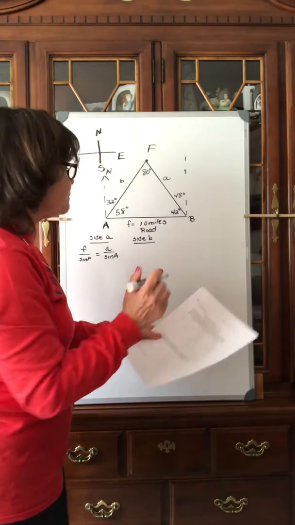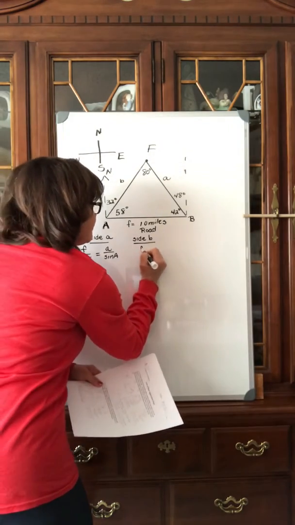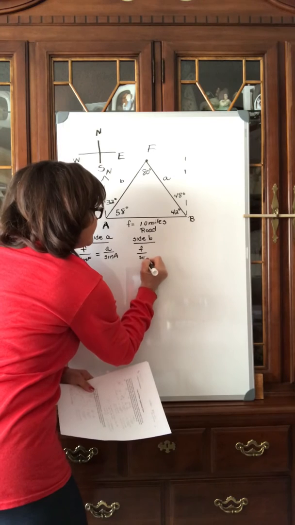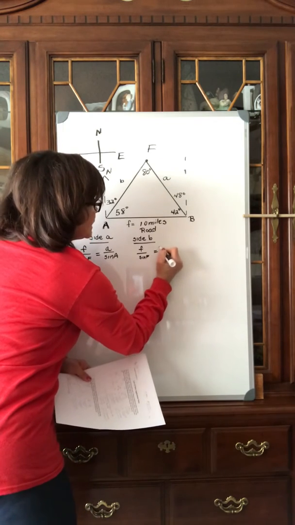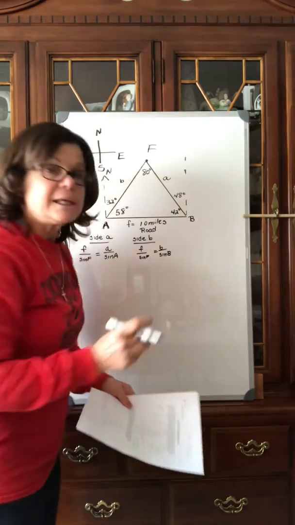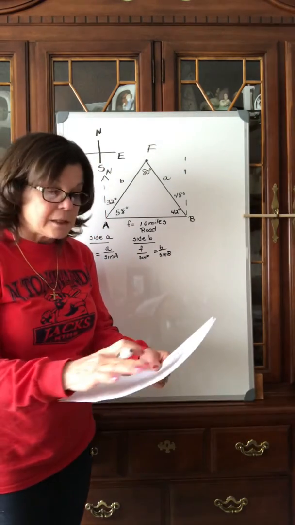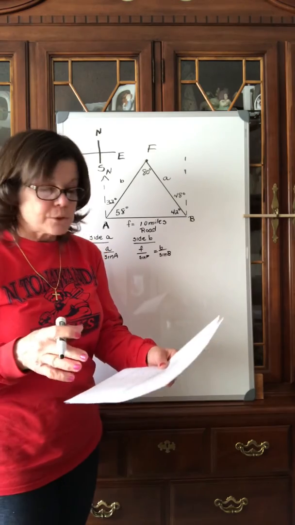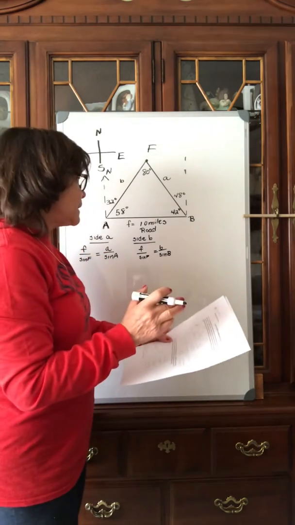Then to find side b, it's going to be f over the sine of angle F. We're looking for side b over the sine of angle B. Do the same thing again, solve it for b. This is all in the notes that I photocopied for you that's on Schoology.